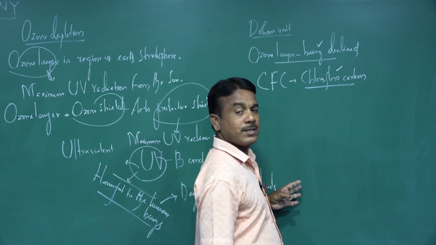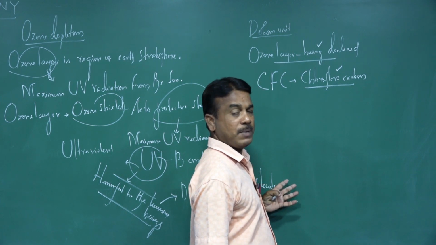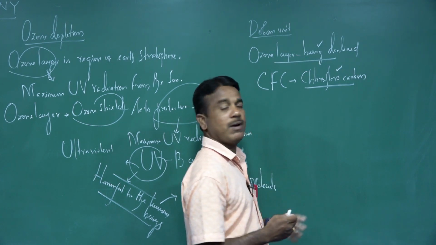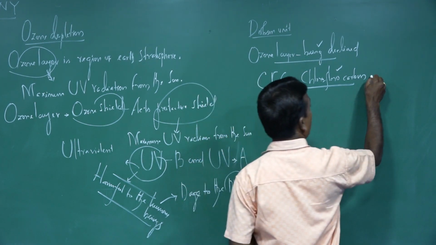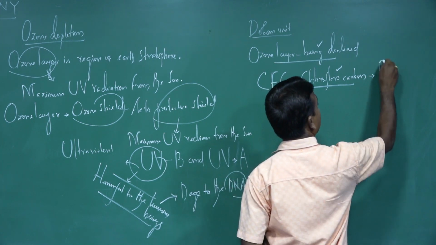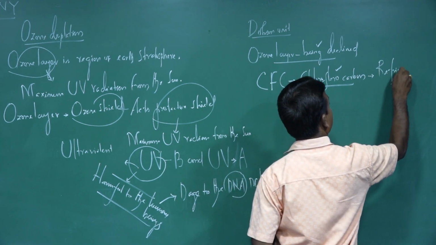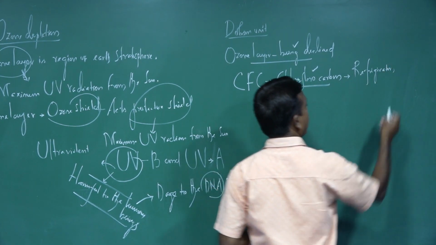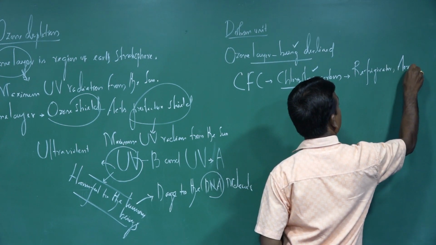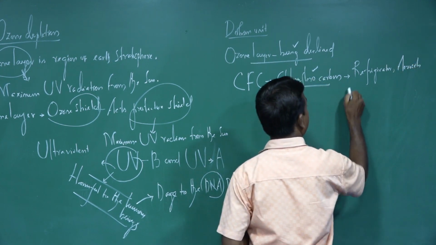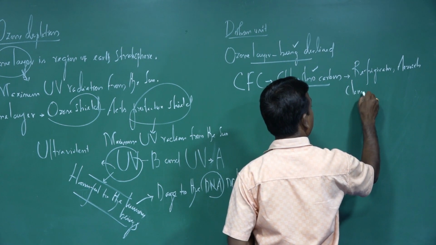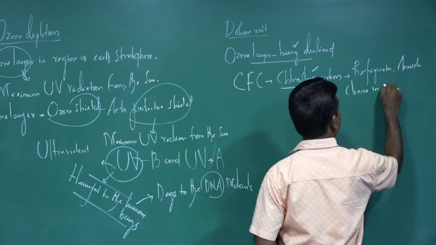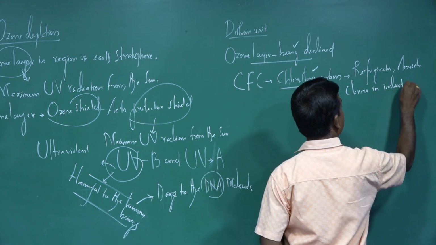Nowadays they have a harmful effect on human beings. Which compounds are responsible for releasing these harmful substances? One electronic apparatus, commonly called the refrigerator, then aerosols, then cleaners in industries.